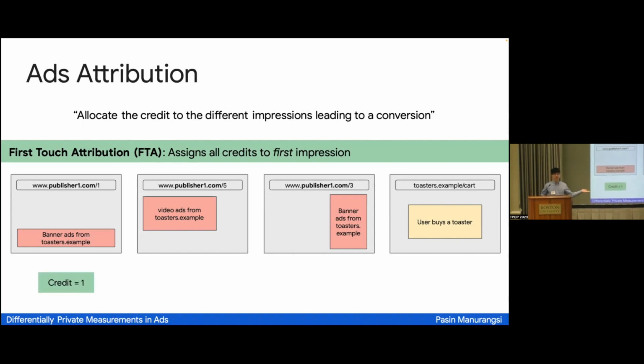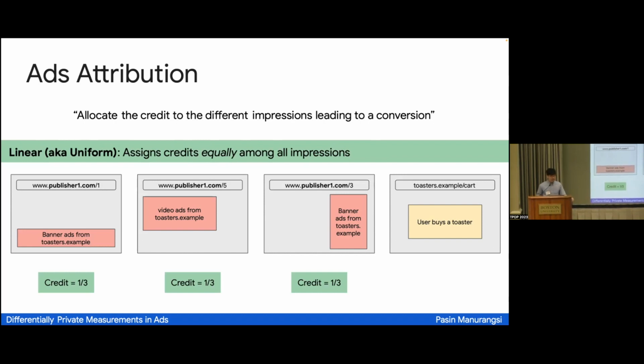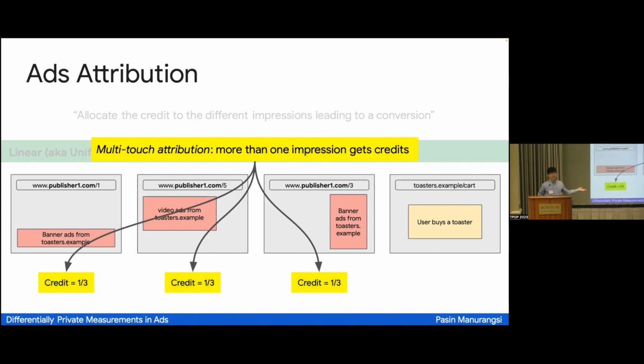You assign all the credit to the first ad and 0 to the remaining ads. There are also uniform, where you just assign the credit uniformly across all the ads. Note that in the uniform case, since you assign non-zero credit to more than one ad, this is sometimes called multi-touch attribution. Whereas in the previous case, where you assign non-zero credit to only one ad, this is called single touch attribution.